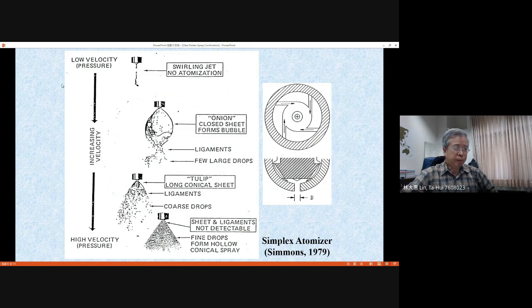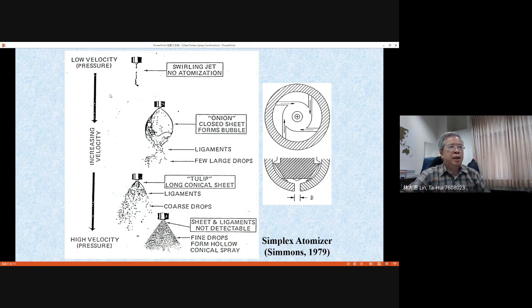For the lower velocity, you do not have a so-called atomizing mechanism. It is just a small, tiny liquid jet coming out. Now you increase your flow velocity, which means the swirling motion increases, and the pressure will push the liquid out, then the spray angle will open, like this.